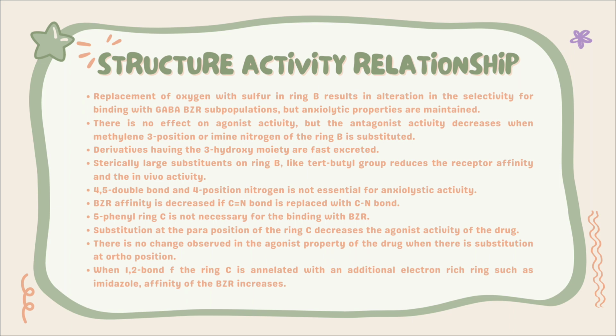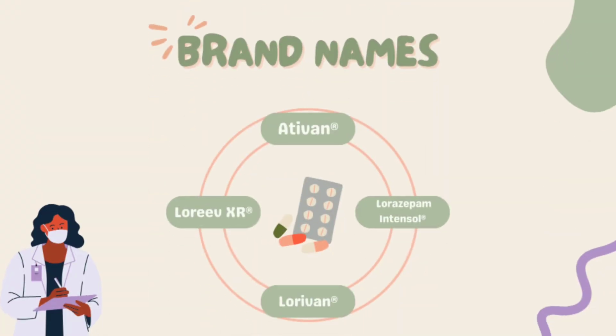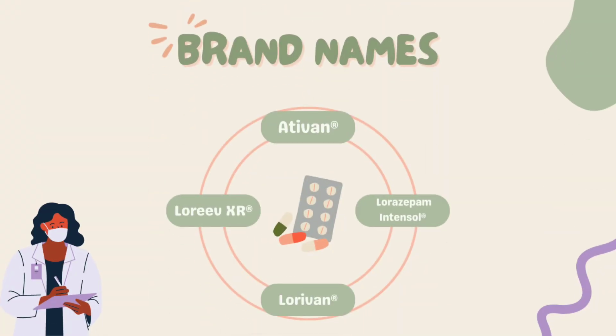There is no change observed in the agonist property of the drug when there is substitution at the ortho position. When the 1,2 bond of the ring carbon is annelated with an additional electron ring, such as imidazole, the affinity of the benzodiazepine receptor increases. Some of the common brands of lorazepam are Ativan, lorazepam intazole, Lorivan, and Loriv XR.